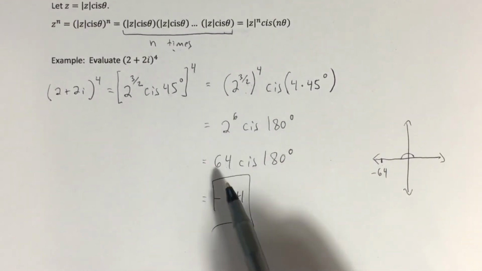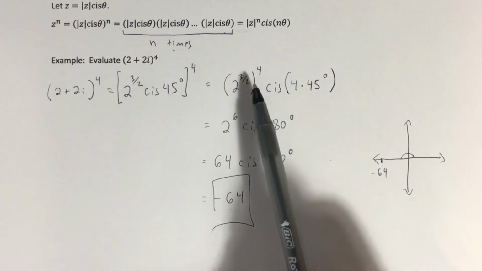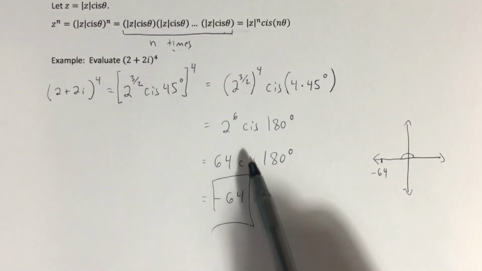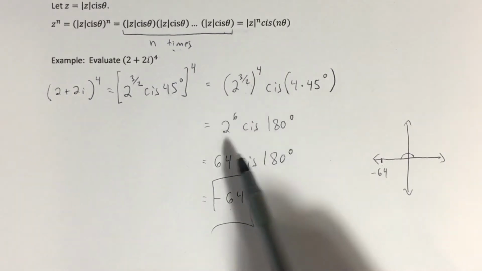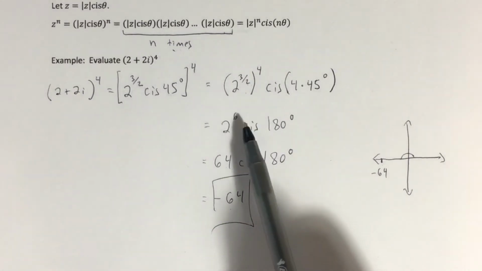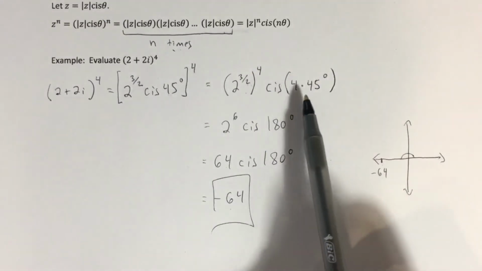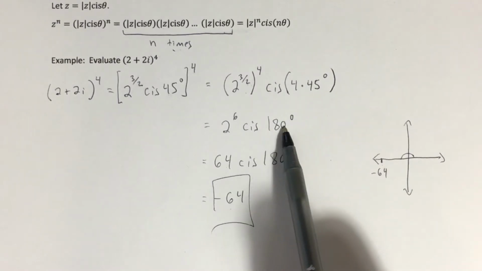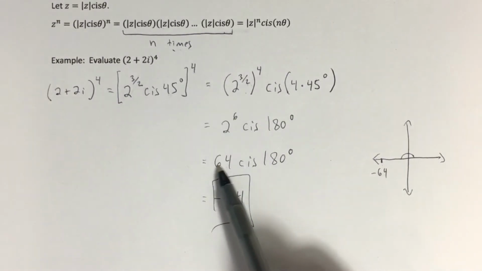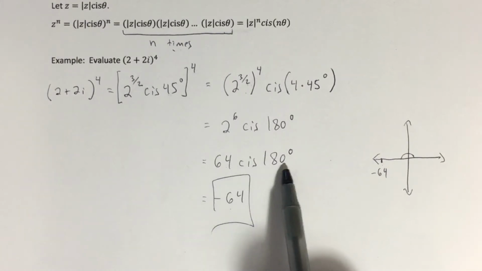Here is the reason why I wanted a rational exponent, because now I know from my power to a power property for exponents, it's just multiplying those two numbers. 3/2 times 4 is 6. Much, much easier than if we left that in radical form. Similarly, we also do 4 times 45 degrees, which is 180 degrees. 2 to the 6th power is 64, so in polar form, my answer is 64 cis 180 degrees.